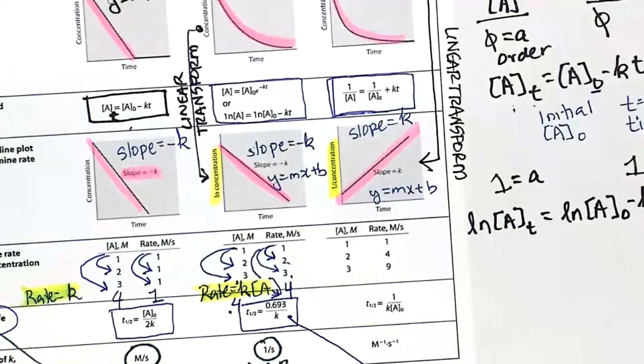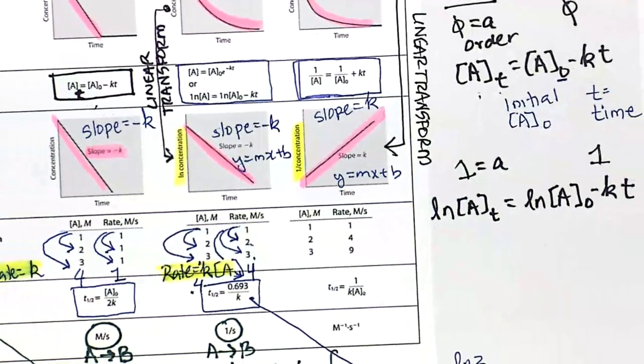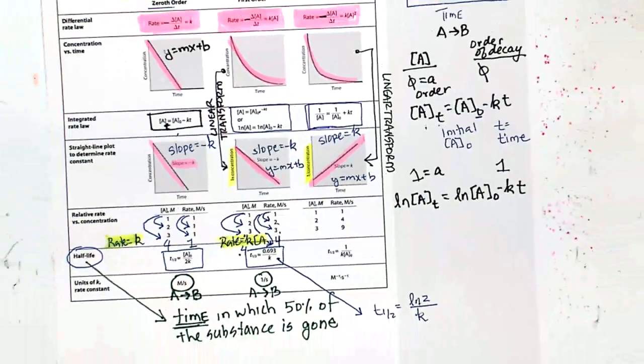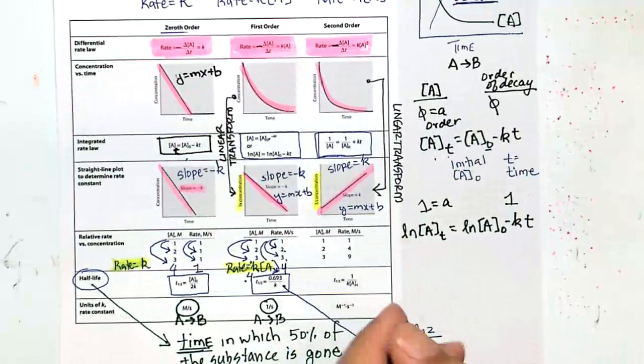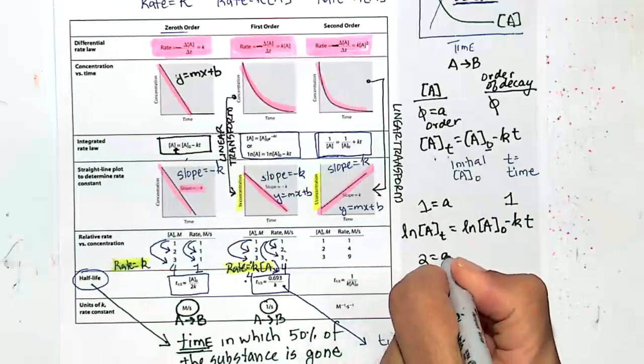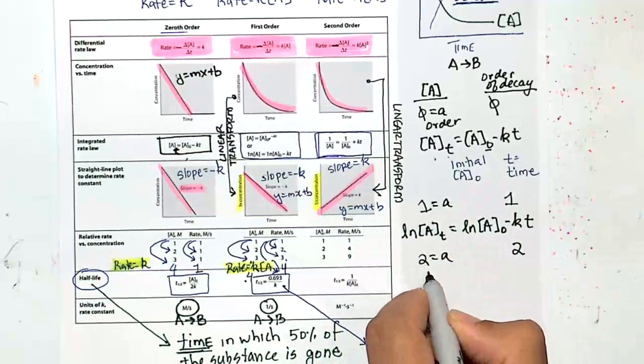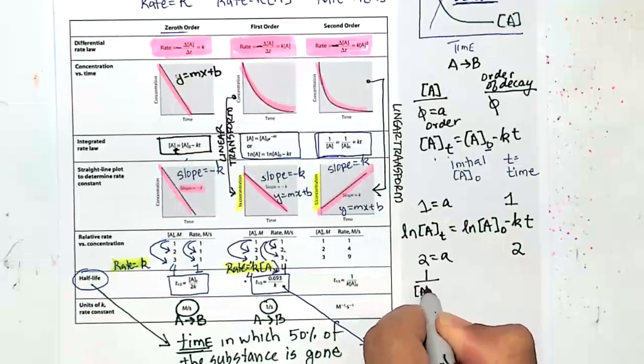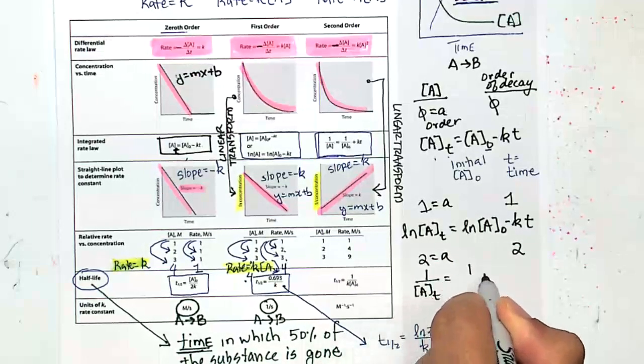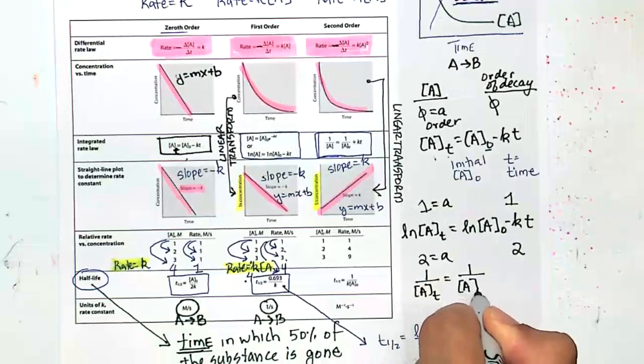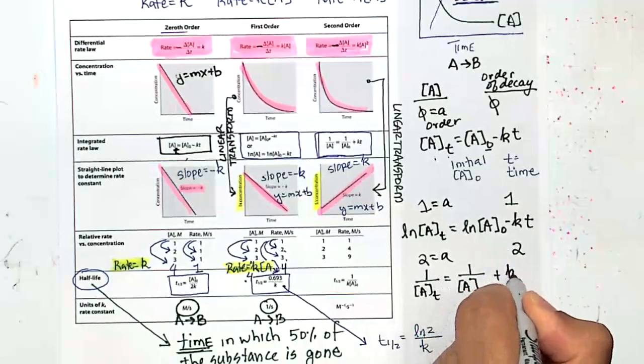All right, so let's finish up this table here. If A decays with second order kinetics, the equation you'll use is 1 over A at some time t equal to 1 over initial concentration A naught plus KT.